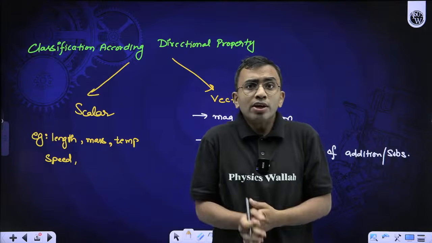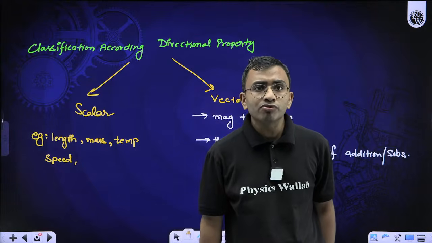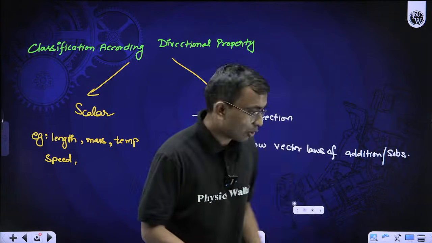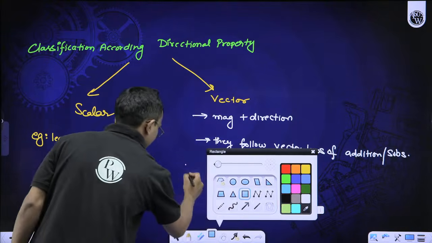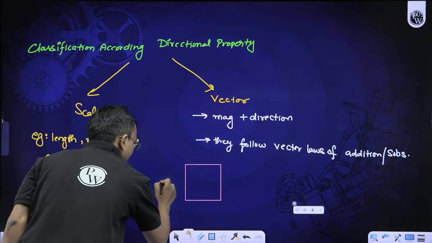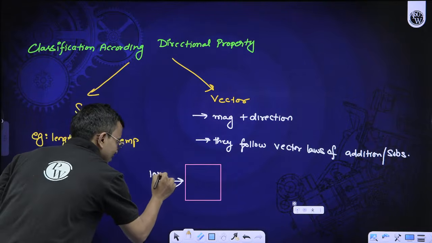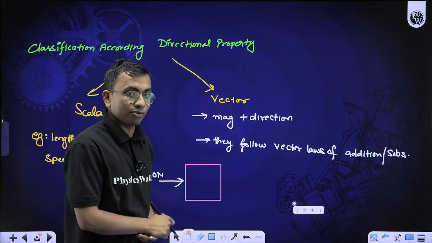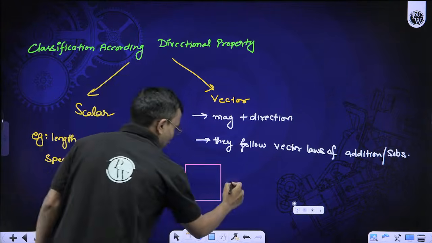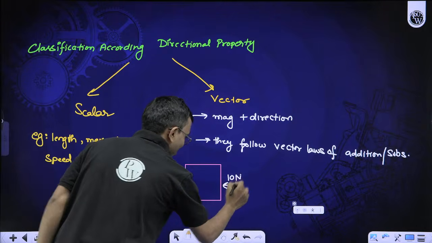Like force. In force, you cannot just say 10 plus 10 is equal to 20. You have to see the direction. Let us take a block, and you are applying 10 Newton from this side. If I say apply 10 Newton more, what will be the total force? You cannot say 20. It depends. If you are applying 10 from the opposite side, it will give you 0.